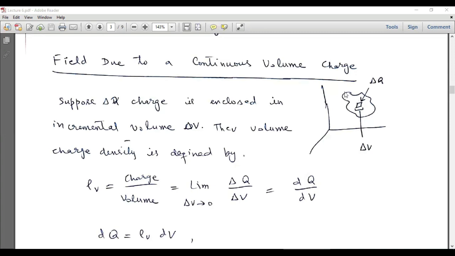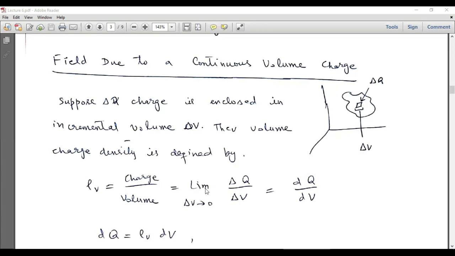We have to first divide the entire volume into infinitesimal elements, and the volume of a single element will be called the differential volume, represented by delta V, and the total charge enclosed in that differential volume element will be delta Q. So the volume charge density will be equal to the total charge divided by the total differential volume, so it will be charge per unit volume.